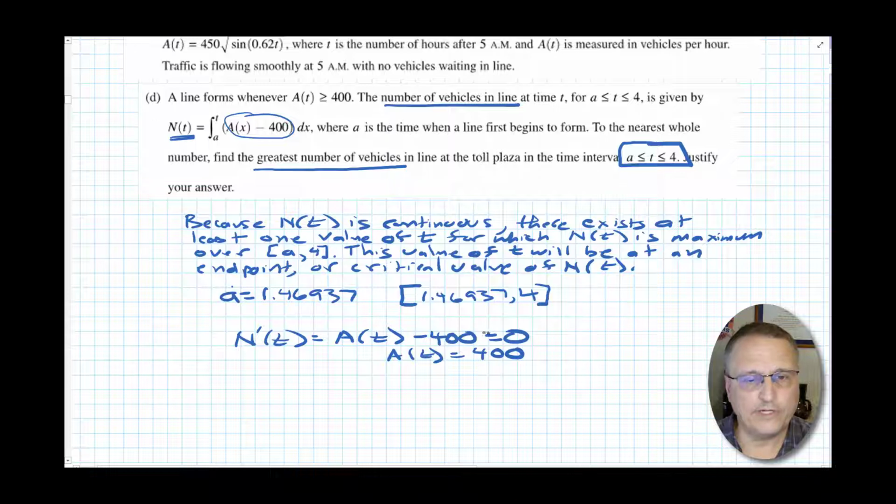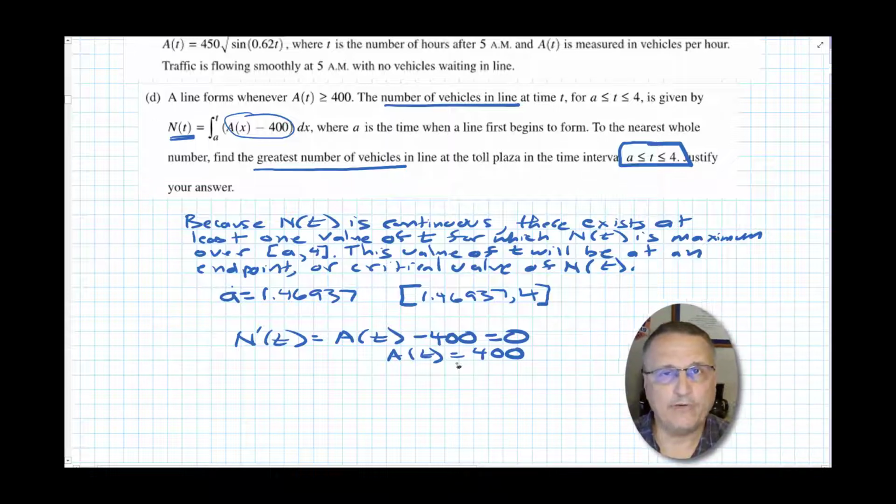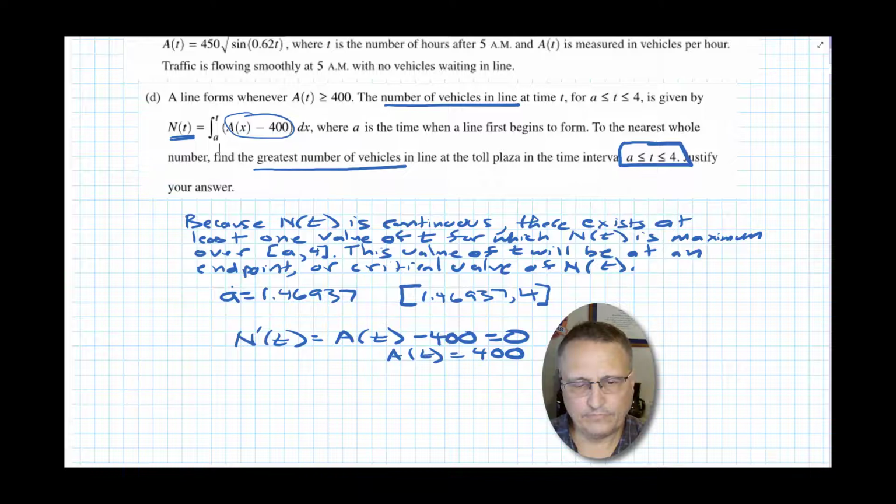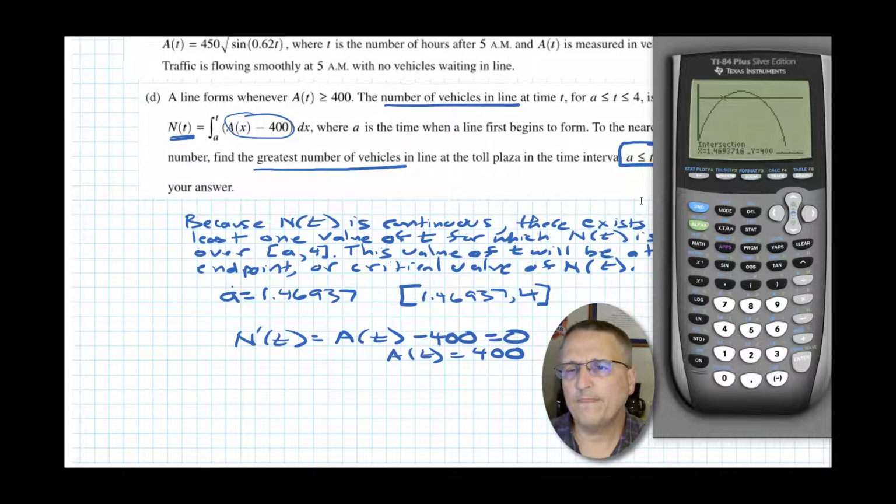When I set that equal to 0, then I realize that the other critical value would be any time in my interval where this is true, which takes me back to my calculator. And I'm interested now in this other intersection point because that would be a critical value. So what we're going to do is figure out what that is.